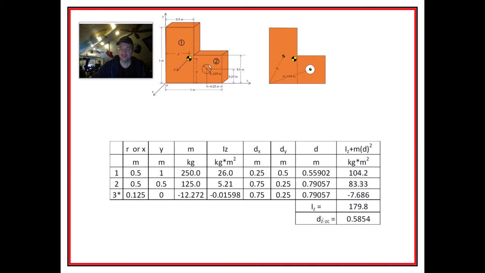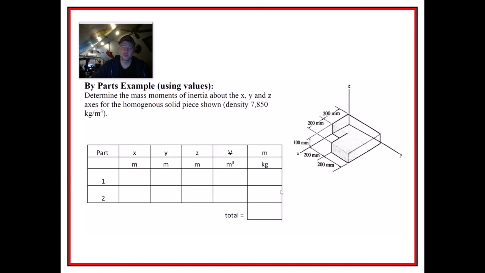I calculate this from the previous x bar and y bar. This is the distance between here and here, that length right there, and I subtract out those things. It's a good way to organize it, a lot easier to follow, and quite often you would do this in a spreadsheet anyway, so making it in a table works out pretty well.